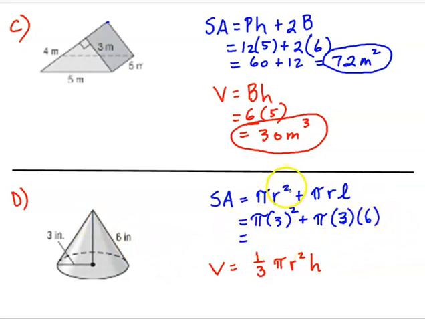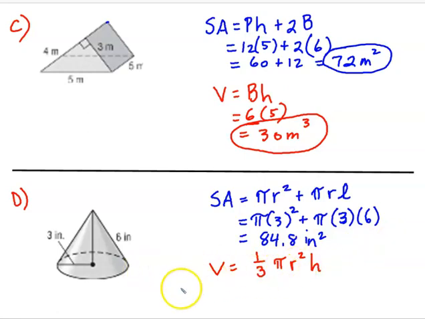So now we can go to our calculator. It's going to be 9 pi plus 18 pi. And to the nearest tenth, that's 84.8 square inches.